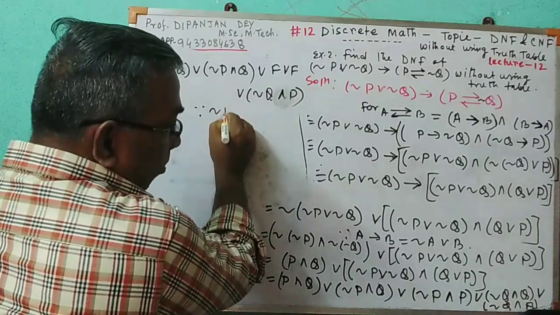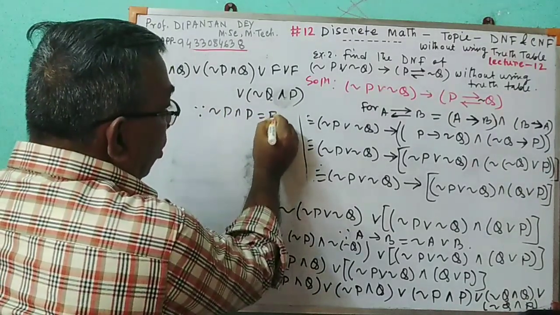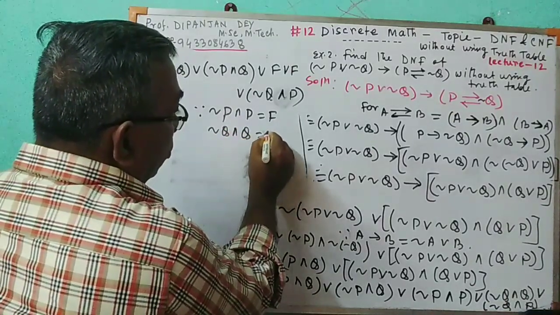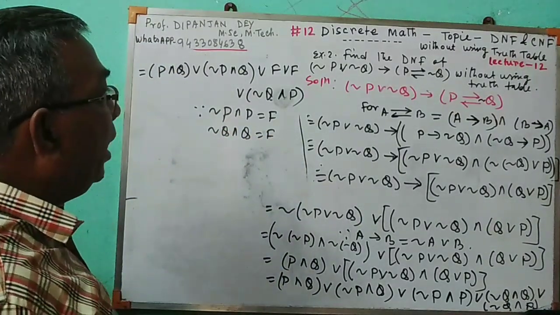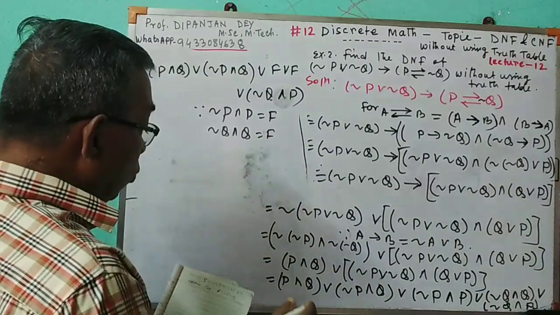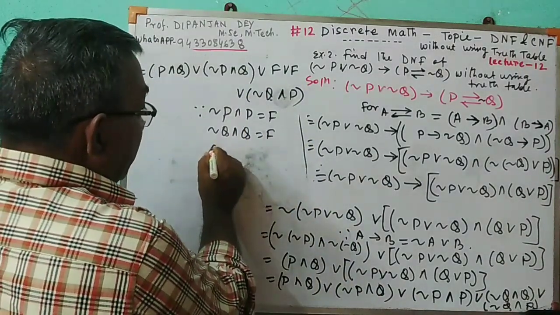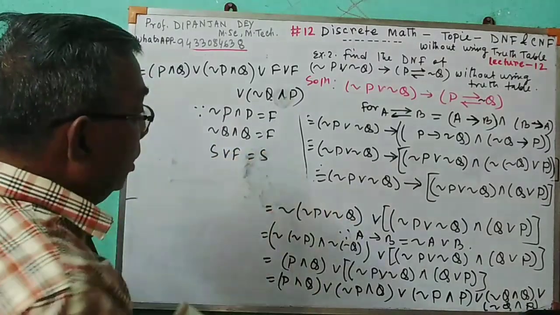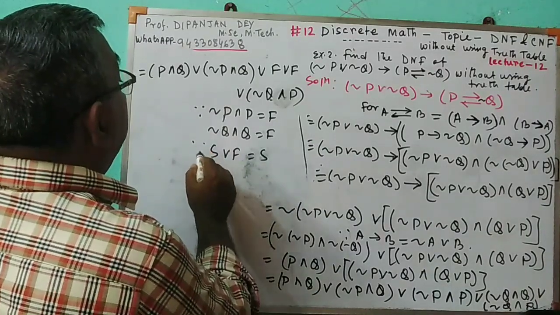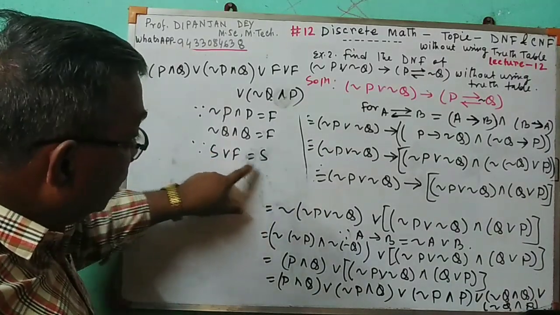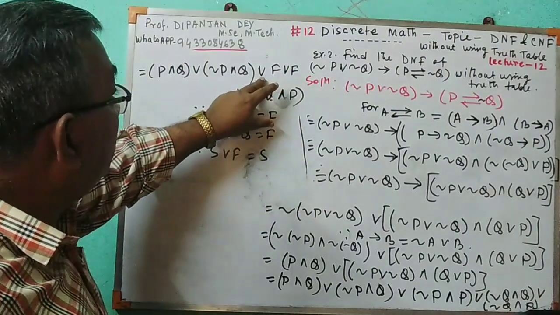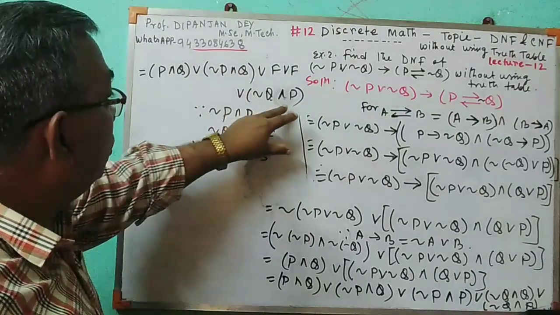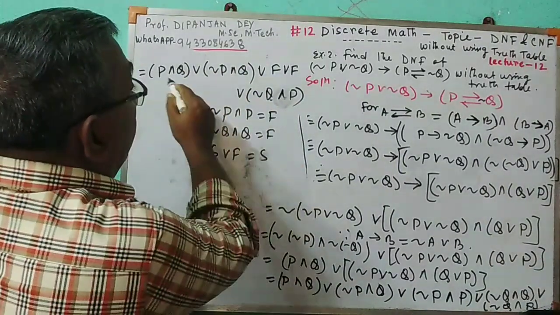Since negation P conjunction P is false, and negation Q conjunction Q is false. Which formula? Suppose S disjunction false equal to S. So this formula I am applying over here.